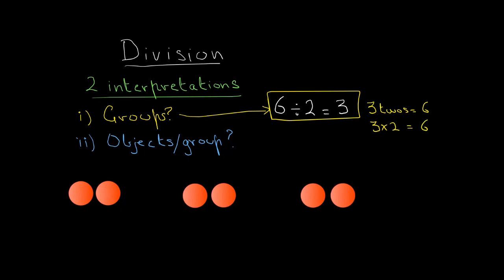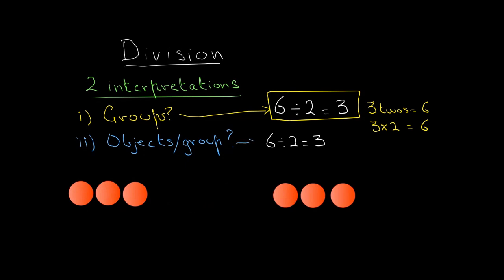Now a different question could be, here's again 6 divided by 2. I'm going to write 6 divided by 2 again, and it means 3, but now the meaning is going to be different. Now I tell you that there are two groups, and I want to know how many objects there are per group. That's a different question. And 6 divided by 2 is 3, because 2 threes are equal to 6, or 2 times 3 is equal to 6.